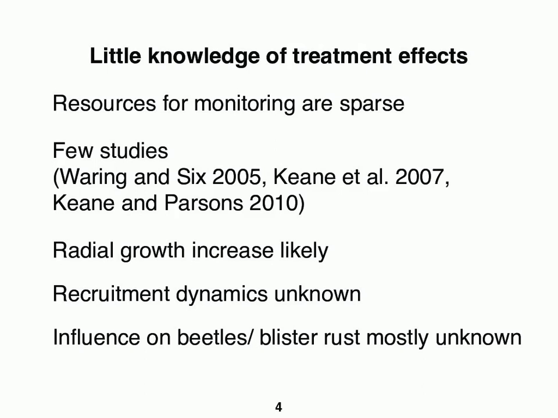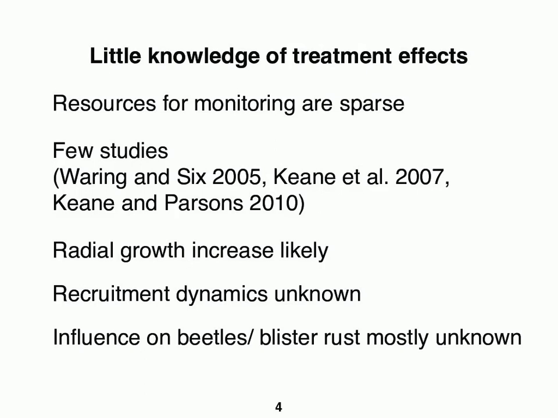There often aren't that many resources for monitoring. There is some research out there, but there's not that much. But there's a couple things we do know, and there's a couple things we know that we don't know. Known unknowns. Those are good. So we do have some evidence that radial growth should increase when you remove competing vegetation, and that is an indicator that, of course, it was competing vegetation.